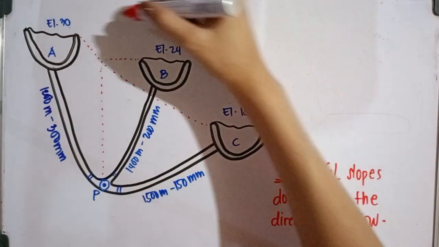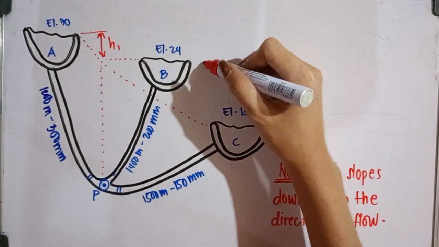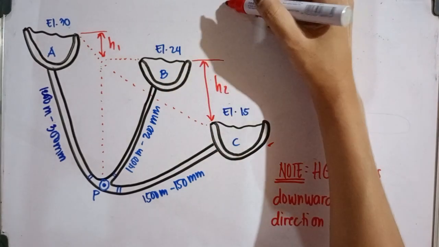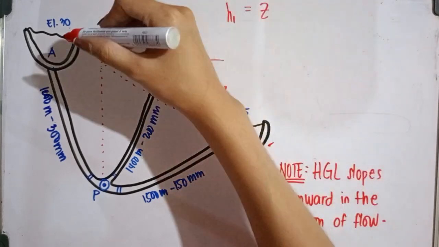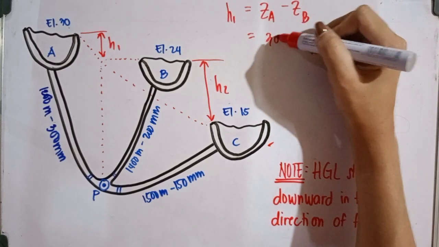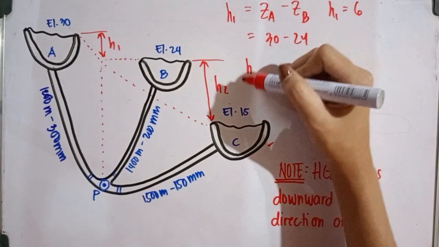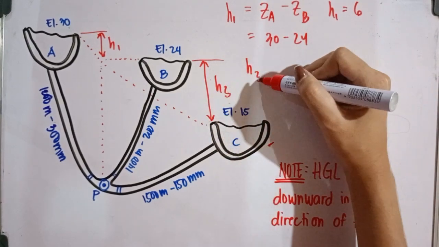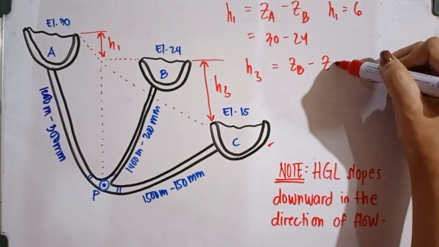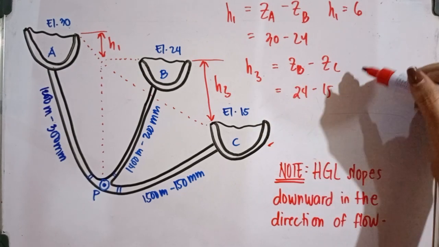So here we have H1, and we have here H2. So H1 is simply the elevation of A minus the elevation of B, 30 minus 24. H1 is equal to 6. H3 is going to be the elevation of B minus the elevation of C, so 24 minus 15.